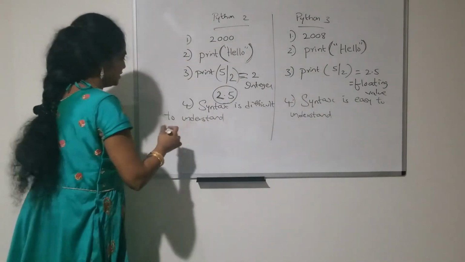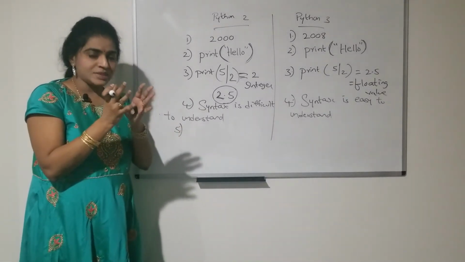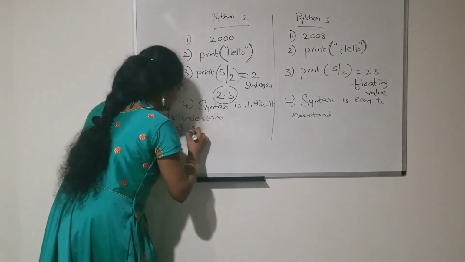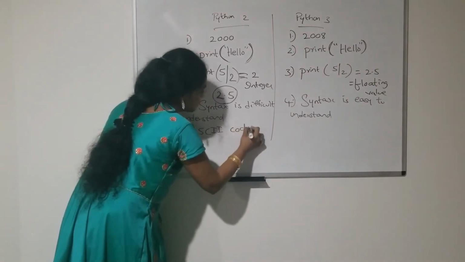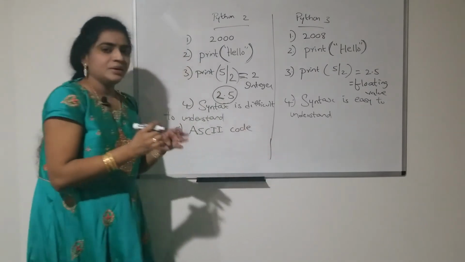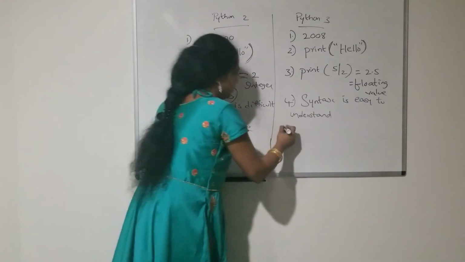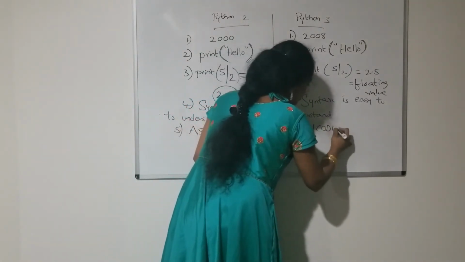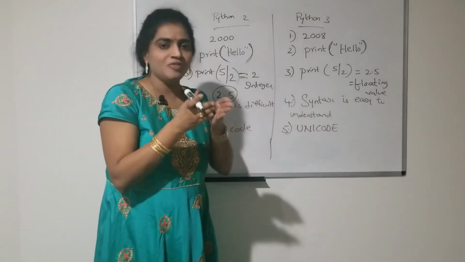Next, if you want to store a string value, in Python 2 we use ASCII code by default for the representation of a string. In Python 3 we use Unicode representation by default for a string.